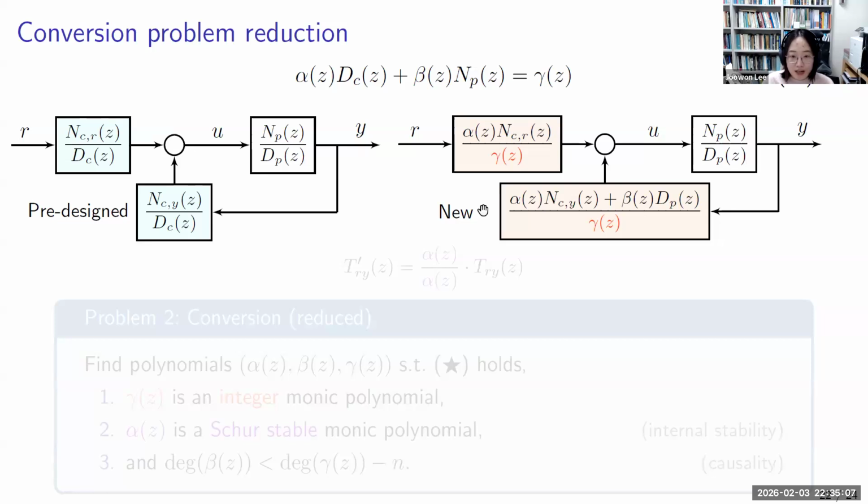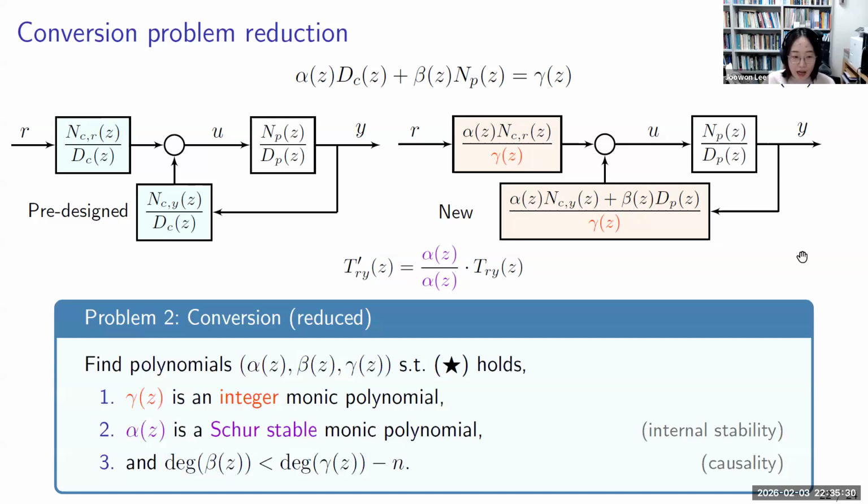Then we can design our new controller like this. And with this new controller, the new closed-loop transfer function T_ry prime equals T_ry, like this.